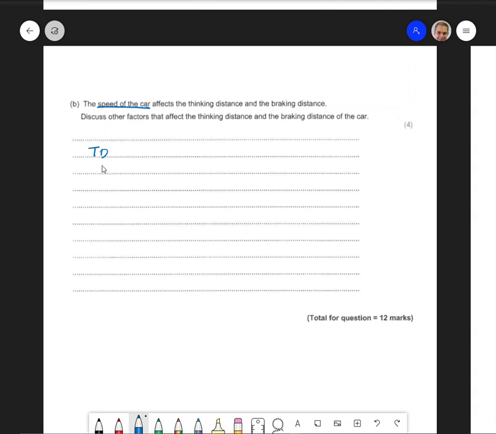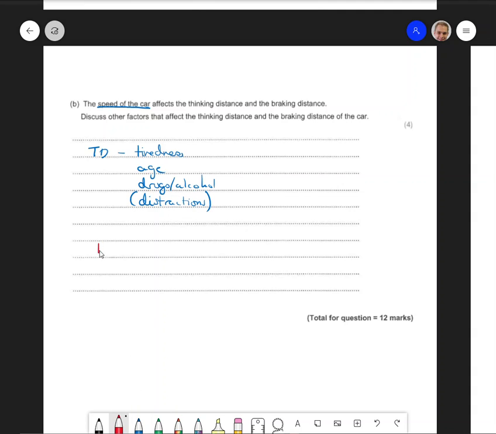So for thinking distance, you've got tiredness, age, drugs or alcohol. And this is a really nice one because they do allow you to talk about distractions. Sometimes they don't allow that one, but in this mark scheme they do, so that's allowed.